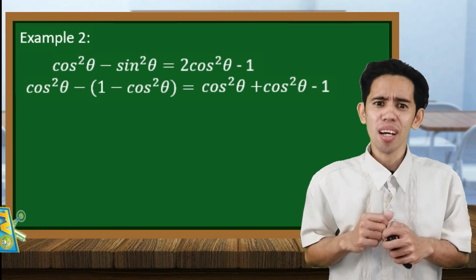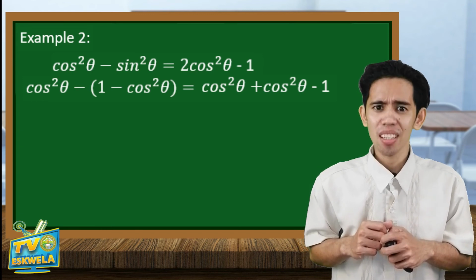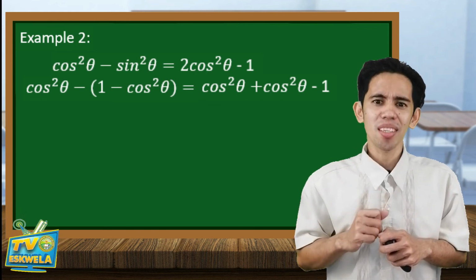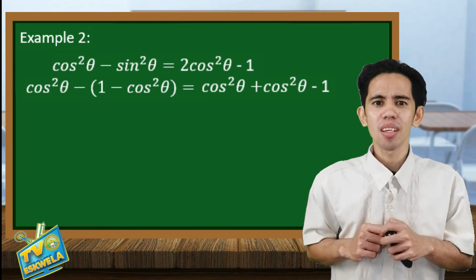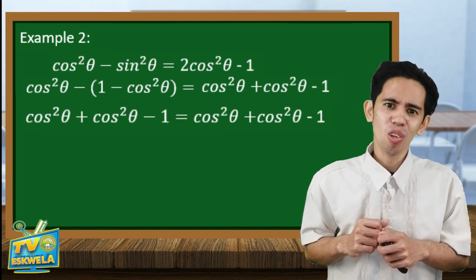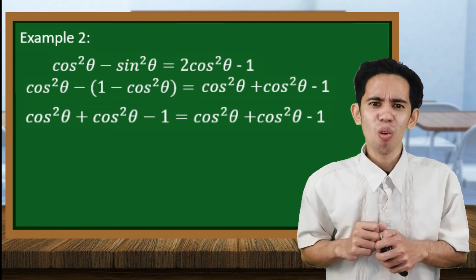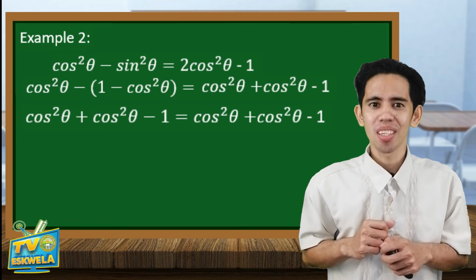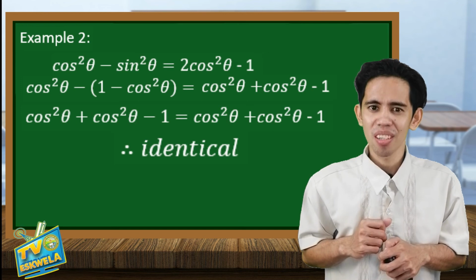Then cos squared theta minus quantity 1 minus cos squared theta is equal to cos squared theta plus cos squared theta minus 1. Simplify, and we come up with cos squared theta plus cos squared theta minus 1 is equal to cos squared theta plus cos squared theta minus 1. Then, they are identical, or an identity equation.